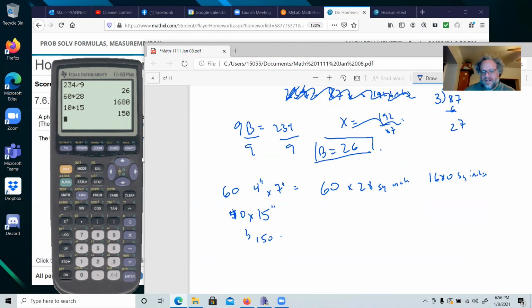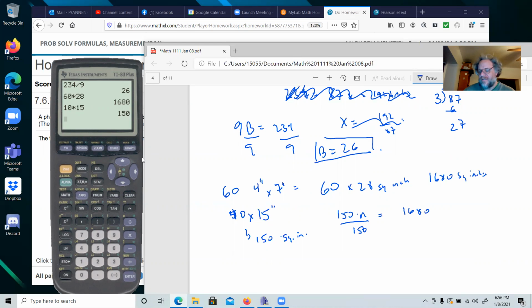One of those things where I really should have known that. So how many 150 square inch prints can I make? 150 times n is equal to 1680 square inches.